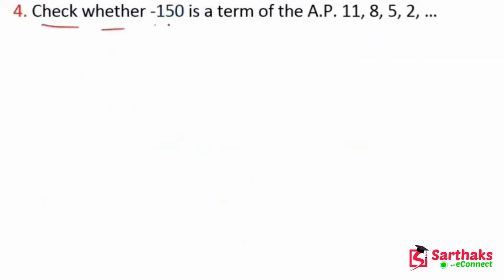Check whether minus 150 is a term of the AP 11, 8, 5, 2 and so on. We have to check whether minus 150 comes in this AP. So for this checking, we put the value of an equal to minus 150.